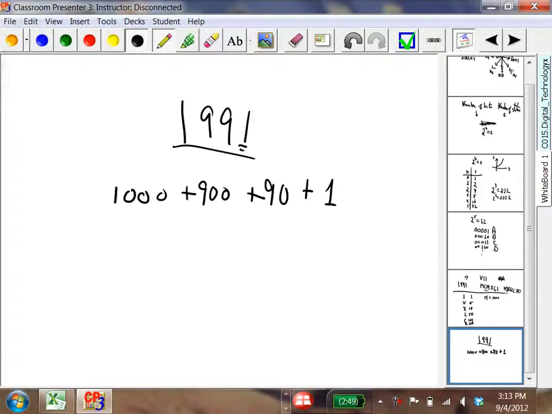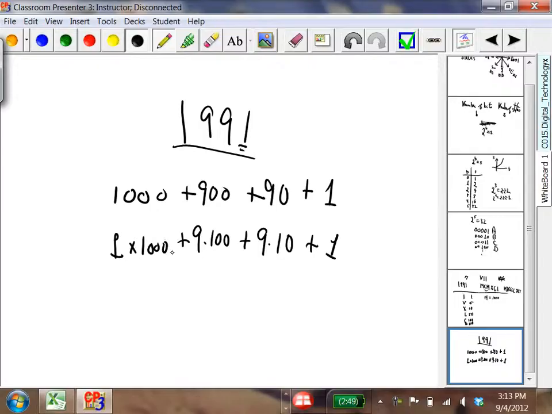Another way of doing this is 1 plus 9 times 10 plus 9 times 100 plus 1 times 1,000. Those are powers of 10, right? So it's 1 plus 9 times 10 to the first power plus 9 times 10 to the second power plus 1 times 10 to the third power.